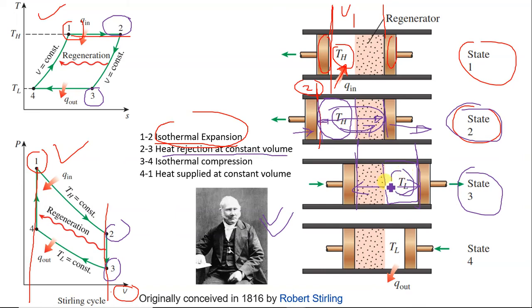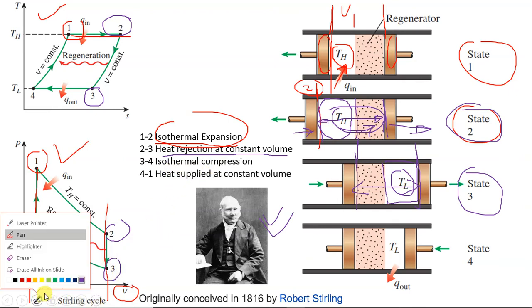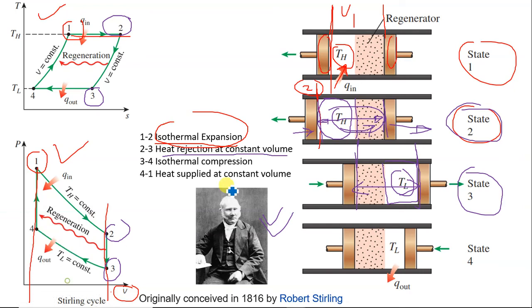Now we have reached point 3, then we have isothermal compression. This is the initial position, point 3. Heat is rejected. When heat is rejected, temperature will fall, right? To prevent the falling of the temperature, because here the process is isothermal, there is certain compression.